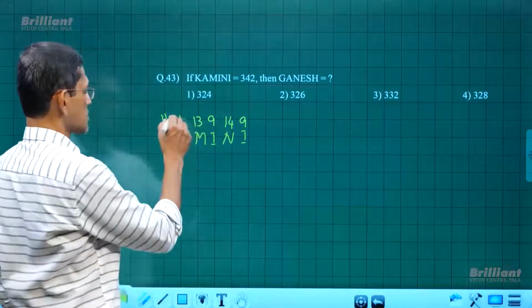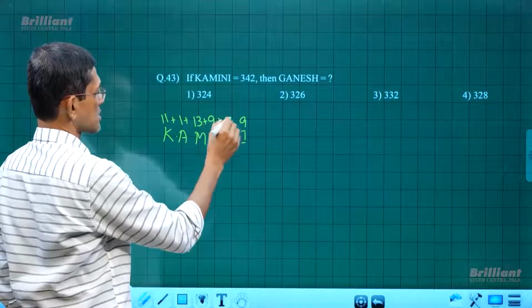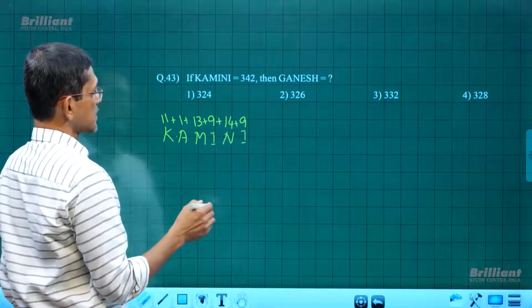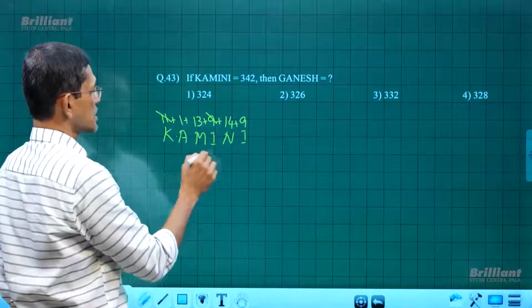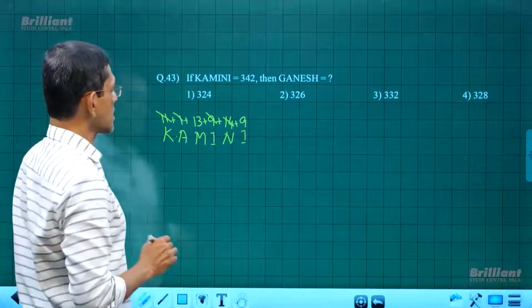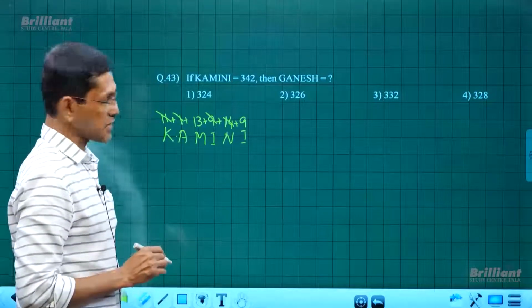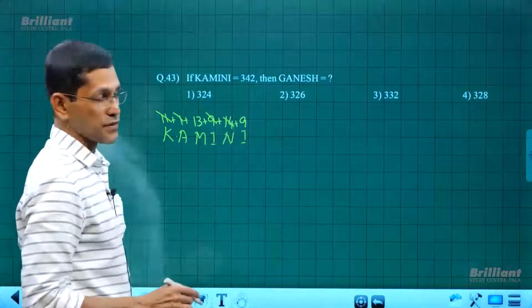So let's try this. 11 plus 1 plus 13 plus 9 plus 14. I'll take it this way. 11 and 9, that is 20. 14 plus 1 is 15. 15 plus 20, that is 35. 35 plus this 22, that is 57.